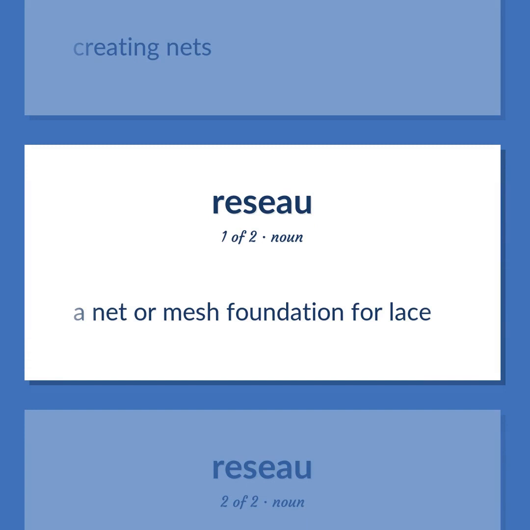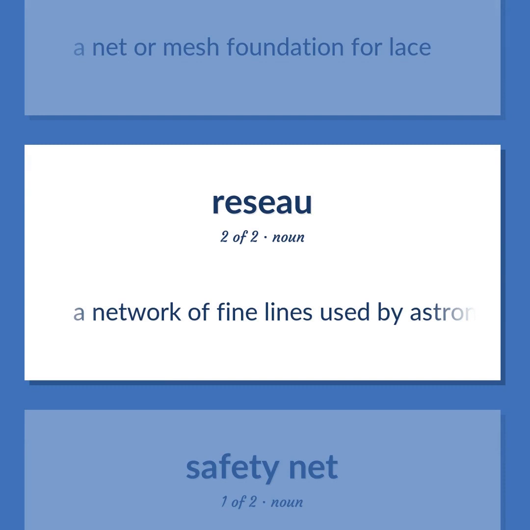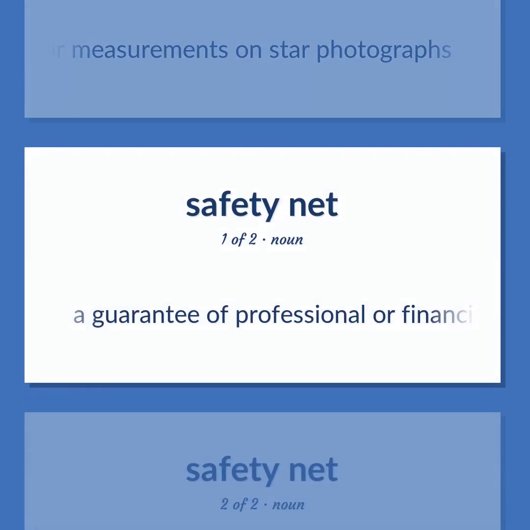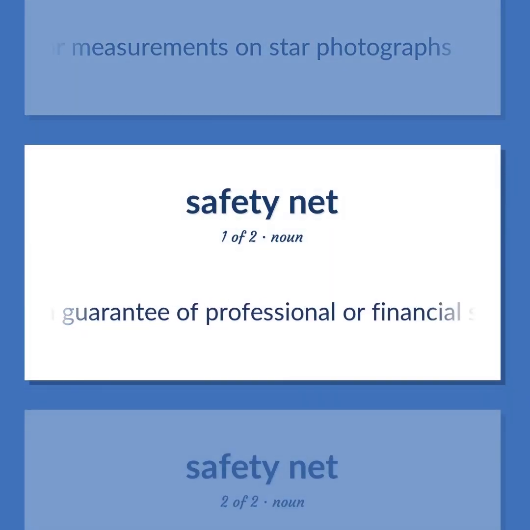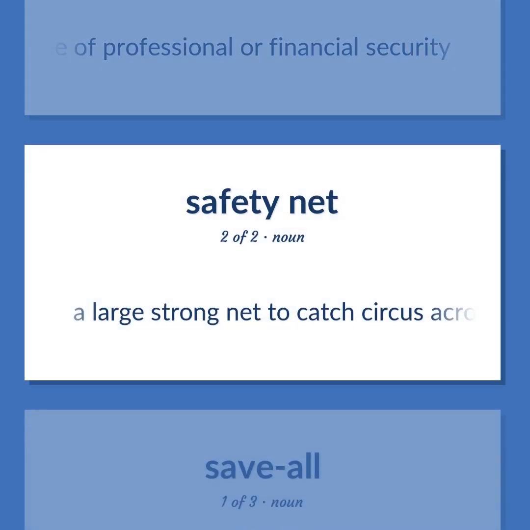A net or mesh foundation for lace. A network of fine lines used by astronomers as a reference for measurements on star photographs. A guarantee of professional or financial security. A large strong net to catch circus acrobats who fall or jump from a trapeze.